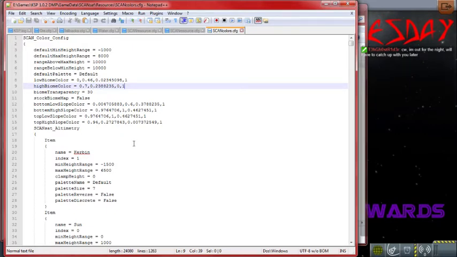What's the fourth one on red, green, blue? Is it luminance? Something like that. It's something like luminance. So that gives you colours for basically biomes. Biome transparency, that is how opaque things are.